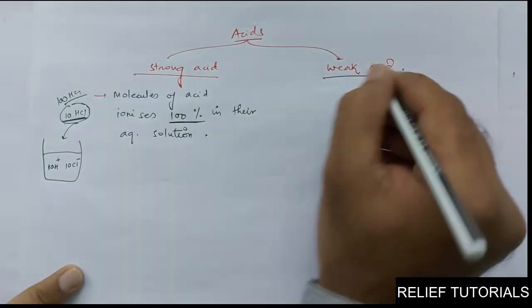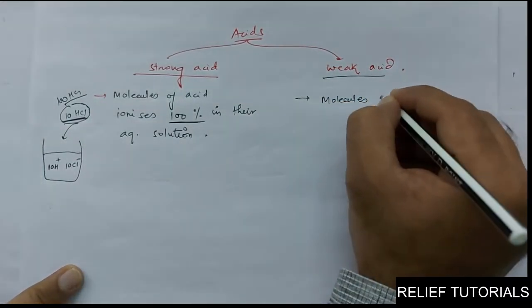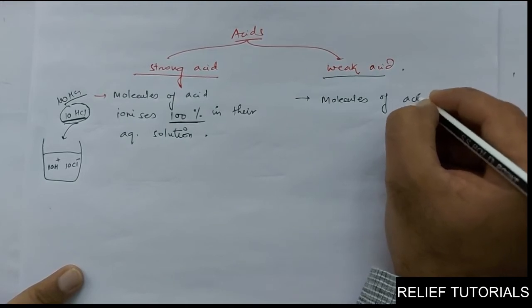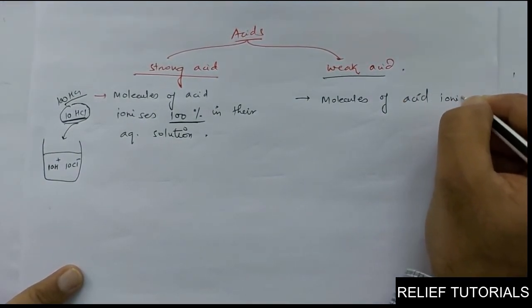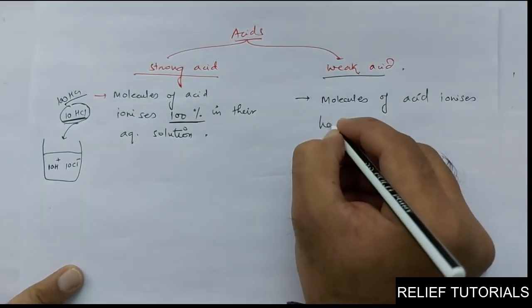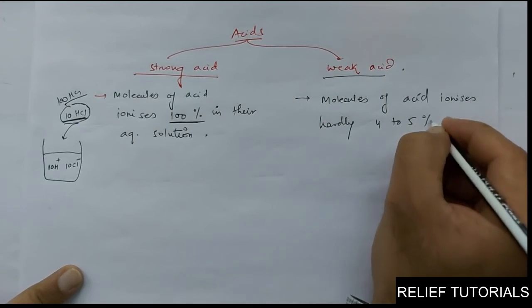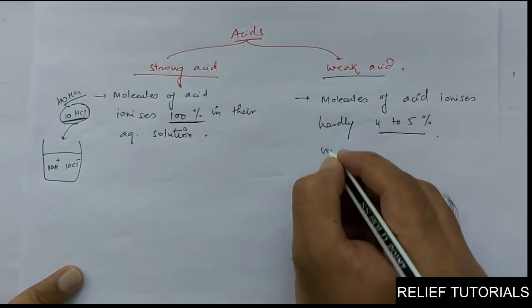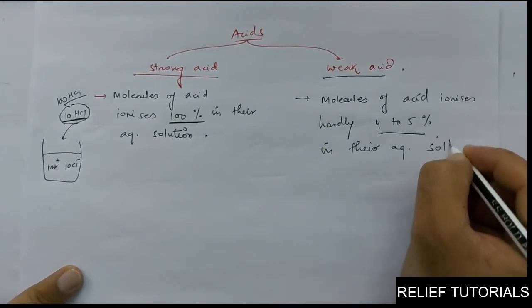And what about weak acid? The molecules of acid ionize hardly 4 to 5% in their aqueous solution.